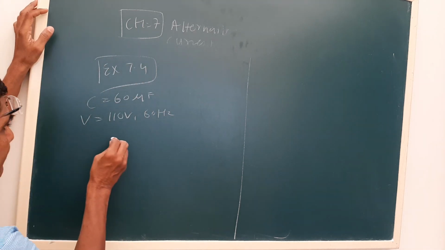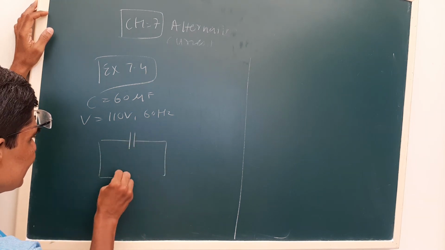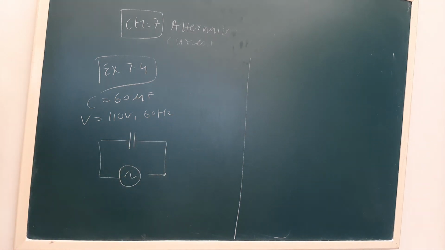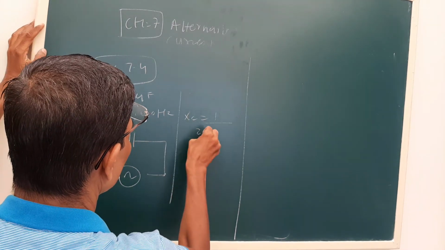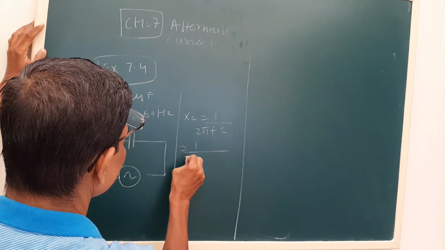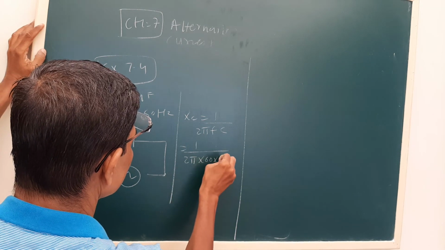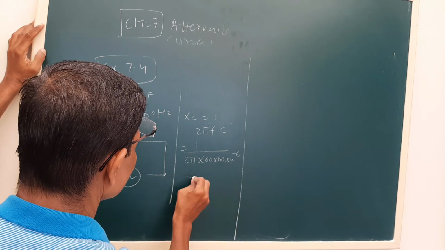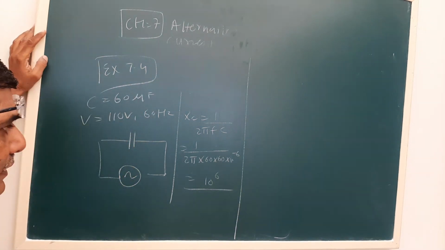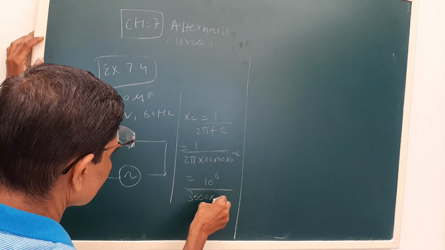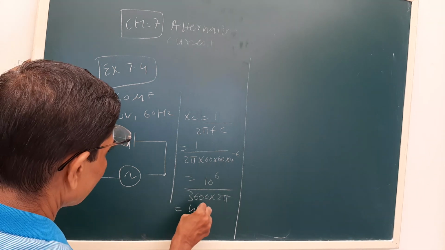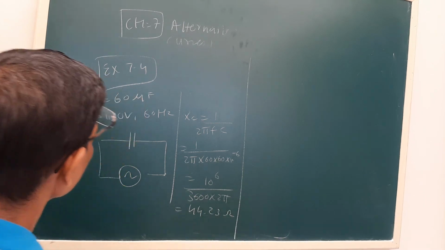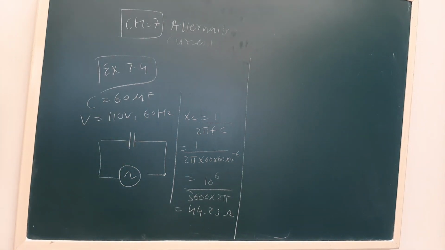Now see the capacitive reactance. Here is a circuit with only a capacitor. The capacitive reactance Xc is 1 over 2 pi Fc. See, this is how you can simplify the calculation. It turns out to be 44.23 ohm. This is the value of the capacitive reactance.